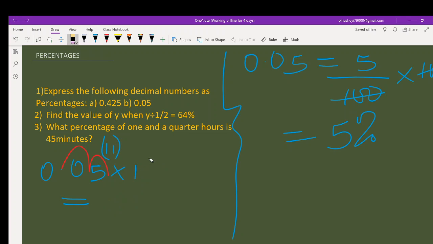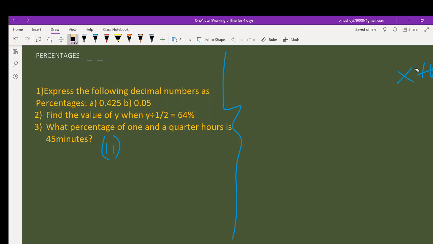Question 2 says find the value of y when y divided by half is equal to 64%. Write this mathematically.